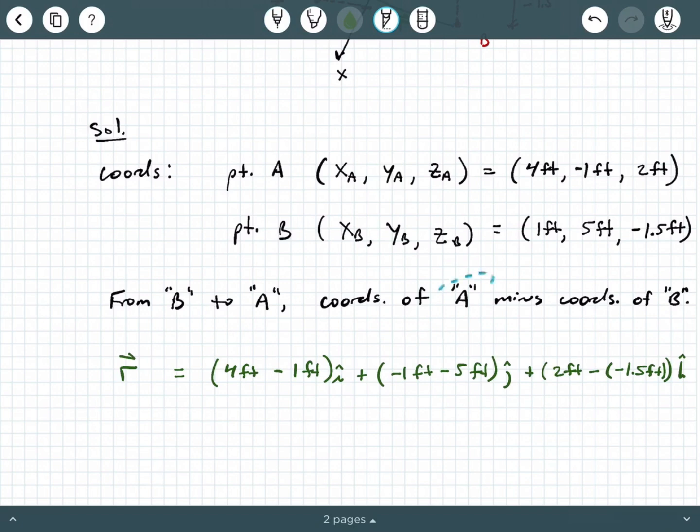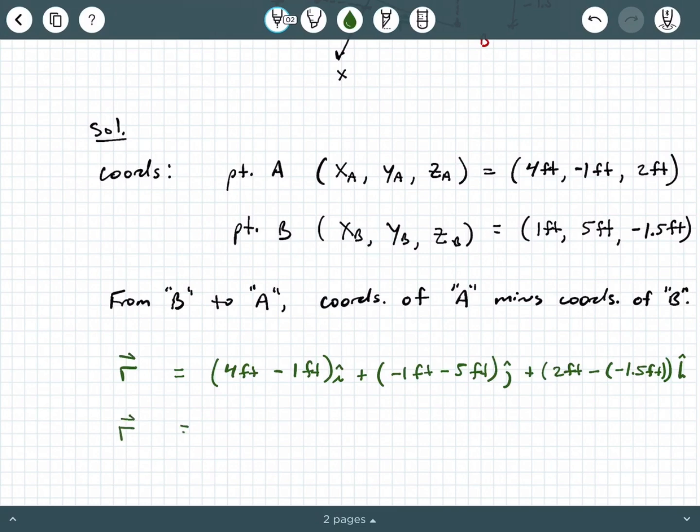We say coordinates of A minus coordinates of B.